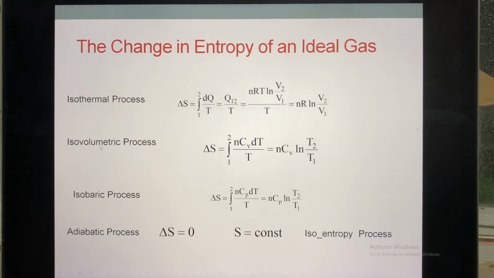For isovolumetric or isobaric processes, you get the heat divided by the temperature, you do the same. But for the adiabatic process, it's good news because the heat equals 0, so the change in entropy equals 0.